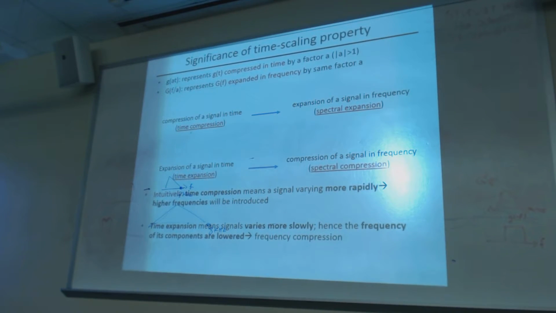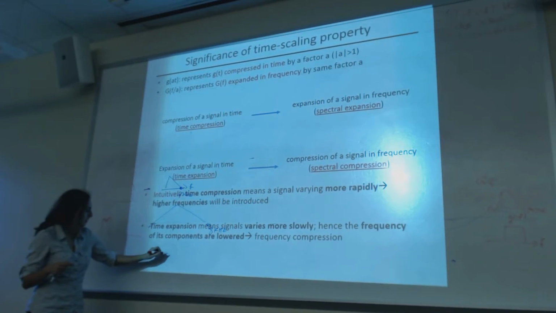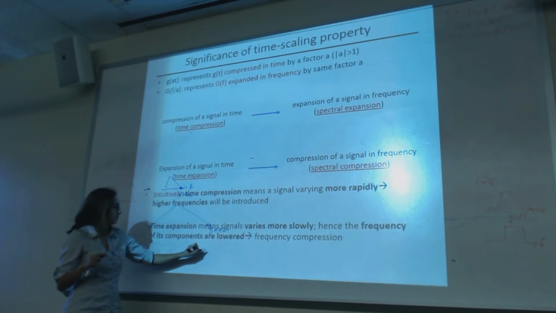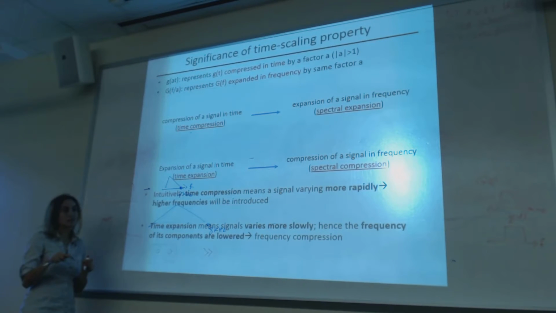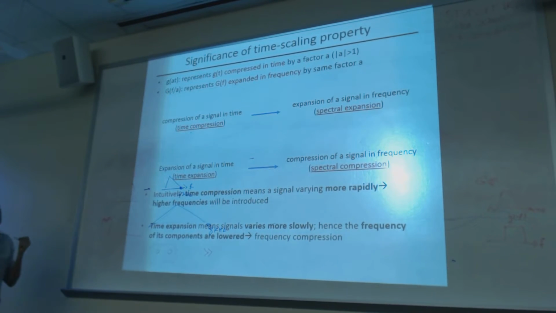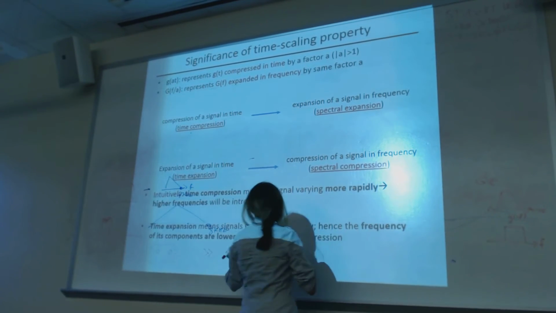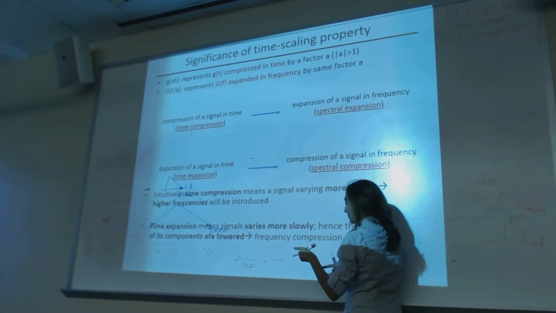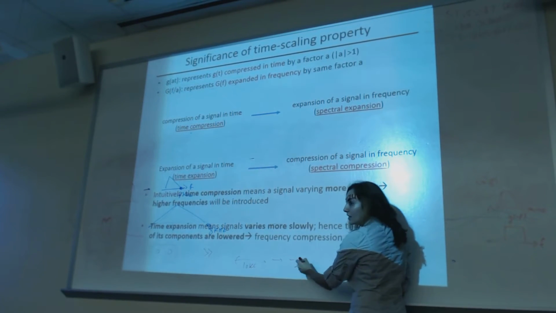I don't know if you remember those magnetic tapes. Audio cassettes, yeah. There was a button like fast forward. If you push the fast forward, have you seen what happened? If music lasts for 10 seconds, when you fast forward, you will hear it in 1 second, right?